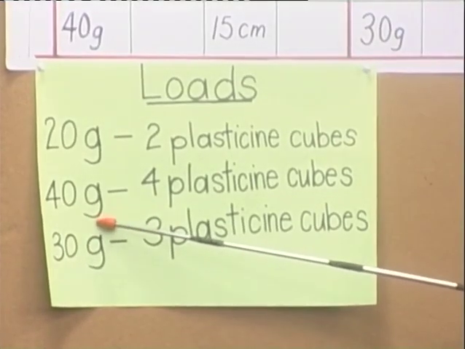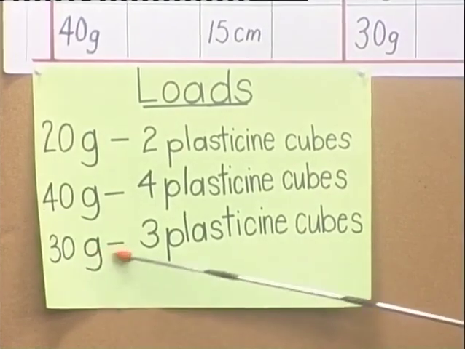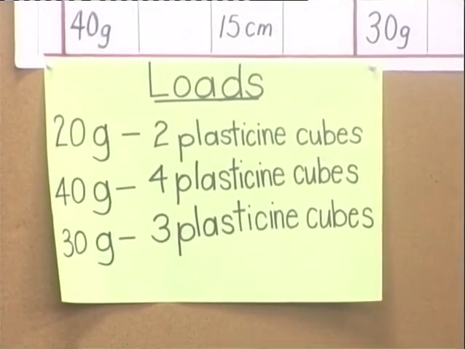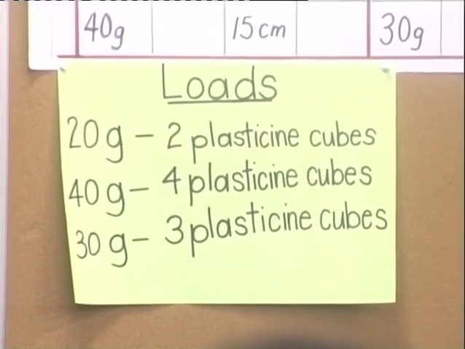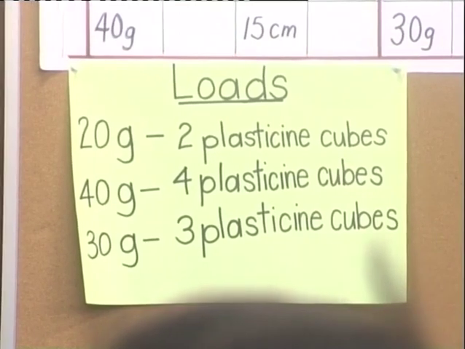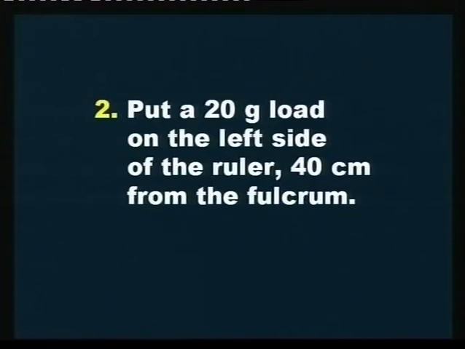For 40 grams, you will use 4 plasticine cubes, and for 30 grams, you will use 3 plasticine cubes. Now, the second part of our activity says, put a 20-gram load on the left side of the ruler, and it must be 40 centimeters from the fulcrum.